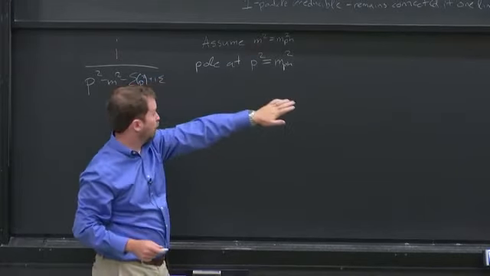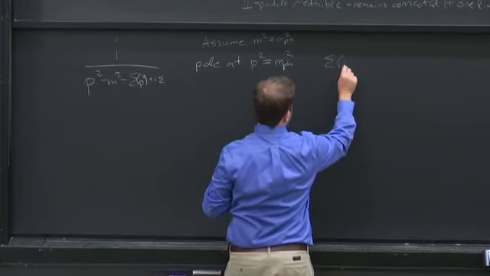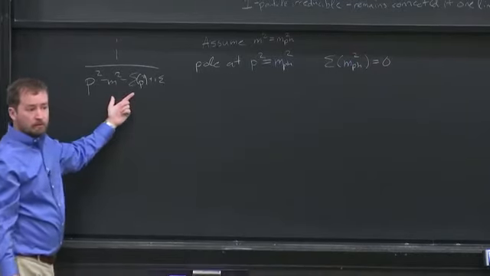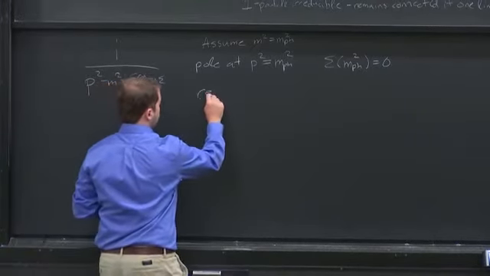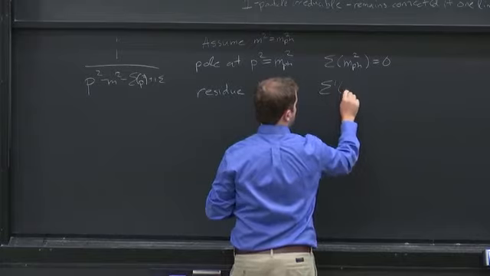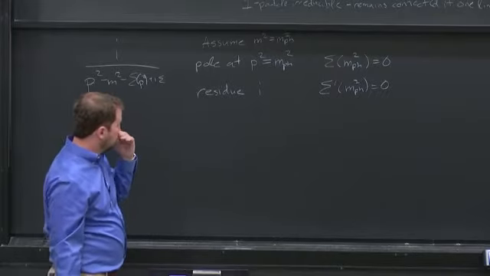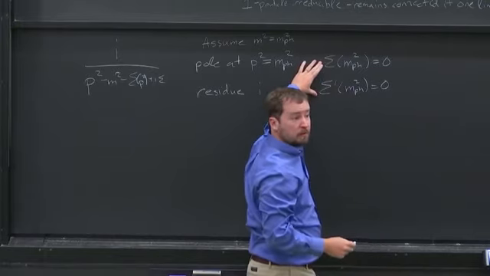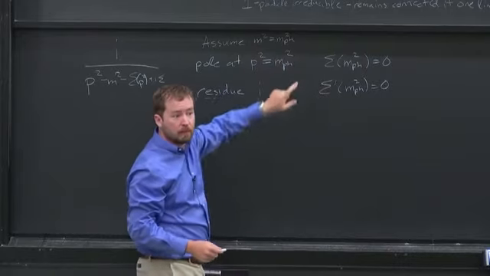Then the Källén-Lehmann representation tells us that if there's a pole at p squared equals m squared, we should have that sigma of m squared is 0, so that the pole is not shifted. If we want the residue to have the correct value, then we should have that sigma prime of m physical squared is 0. And so these two conditions provide us 2 extra constraints on our parameters, or 3 if we count this.